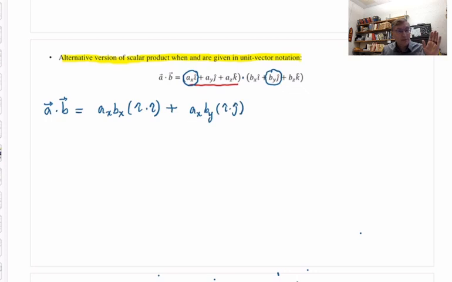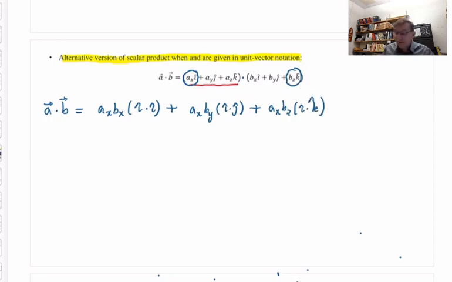First term in the first vector dot second term in the second vector. Plus, now let's take the first term in the first vector, dot it into the third term in the second vector. So that'll give me ax bz times i hat dot k hat.